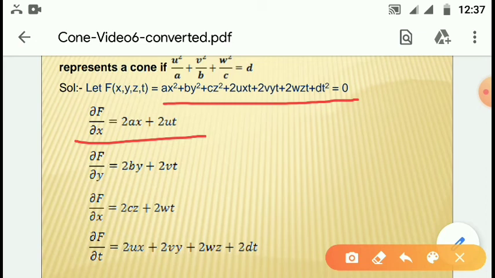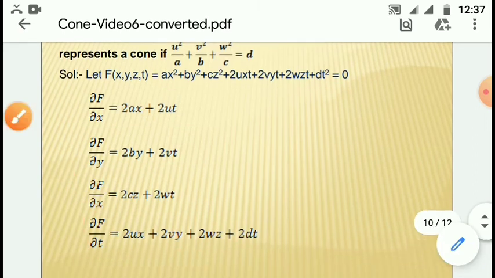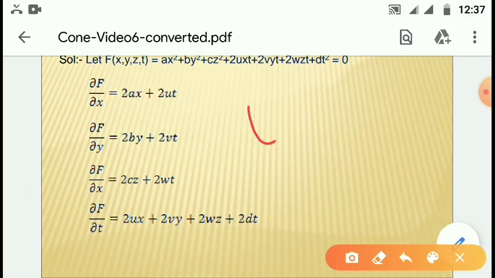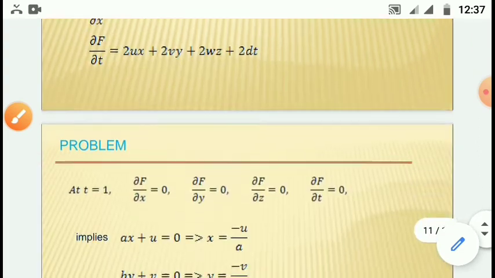In a similar way, by taking partial derivatives, dou f by dou y is equal to 2by plus 2vt, dou f by dou z is equal to 2cz plus 2wt, and dou f by dou t is equal to this. So by taking t equal to 1 and equating all these partial derivatives to 0, we will get 4 equations like this.